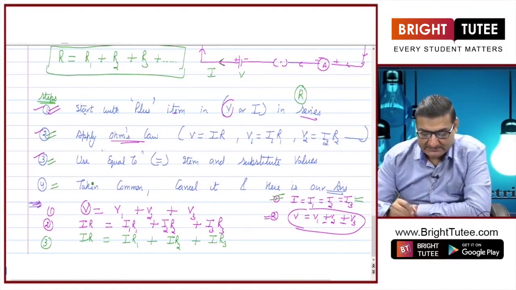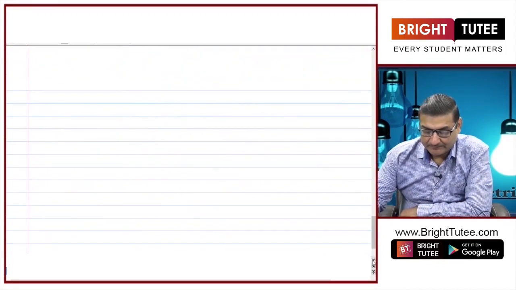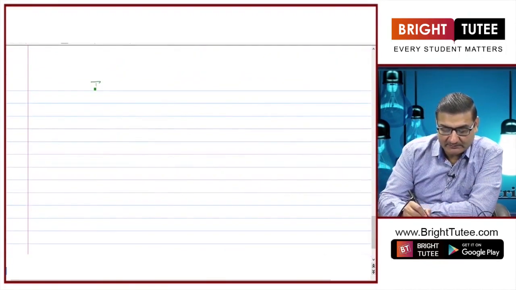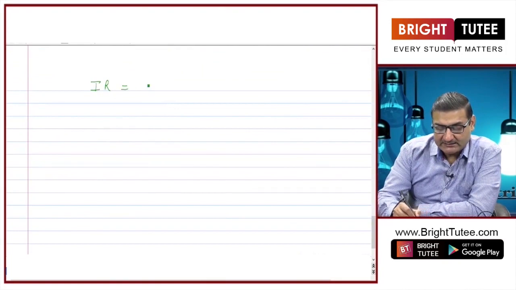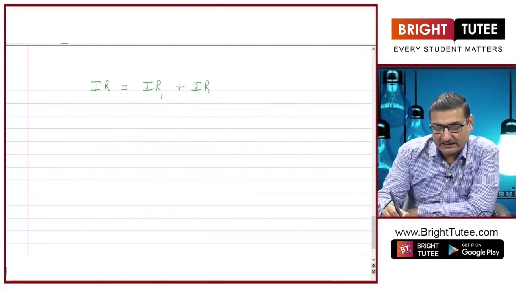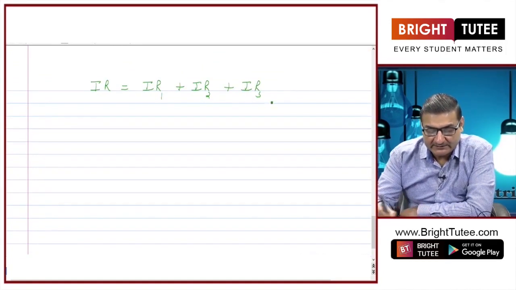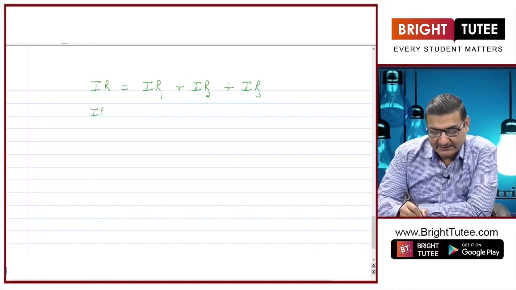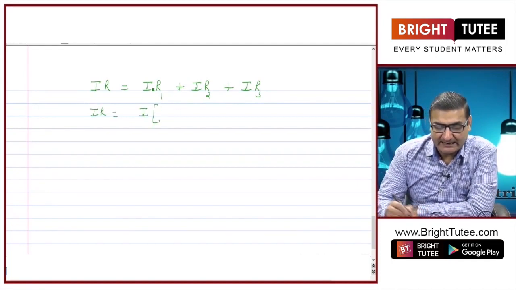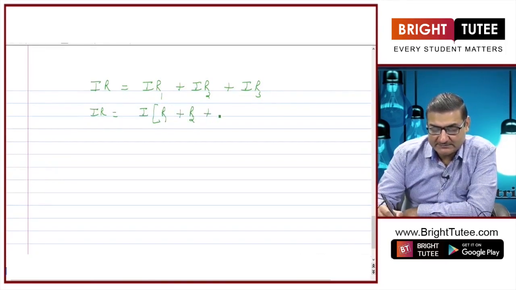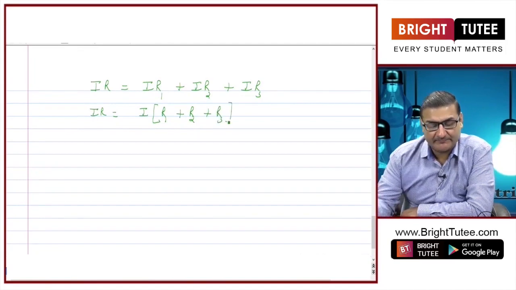Now, the fourth step is take common. Let us write what we have just written above. IR is equal to IR1 plus IR2 plus IR3. Among these, I can see that I can take I common. So, if I take I common, I will get R1 here plus, I has been taken common, I will get R2 plus, I has been taken common, I will get R3.